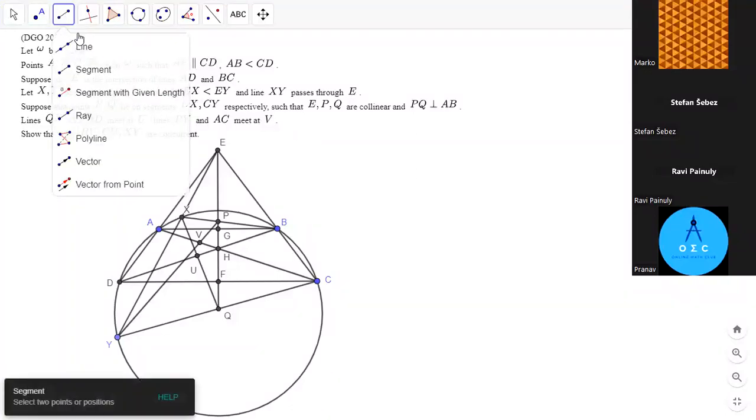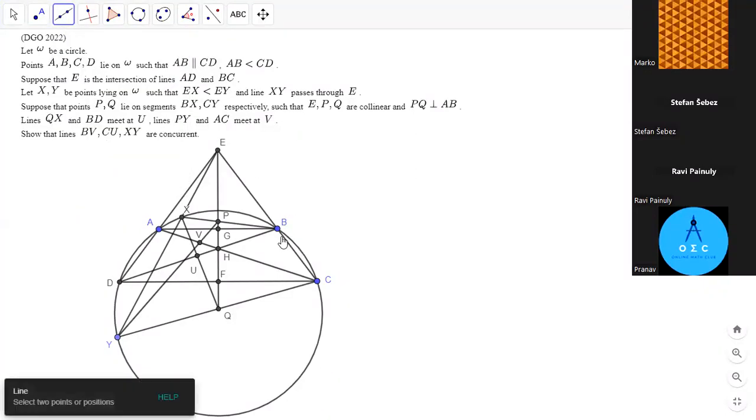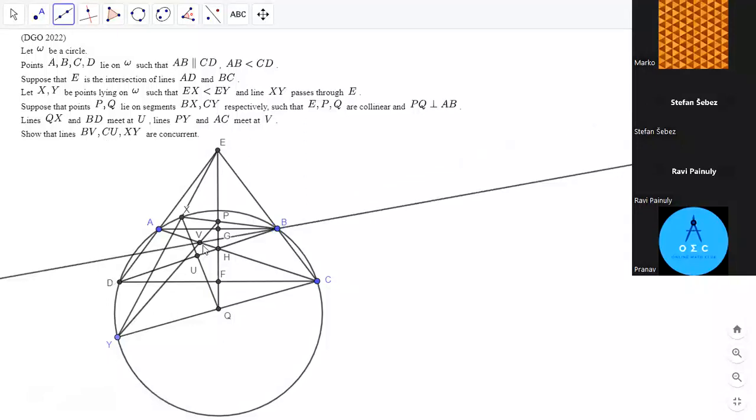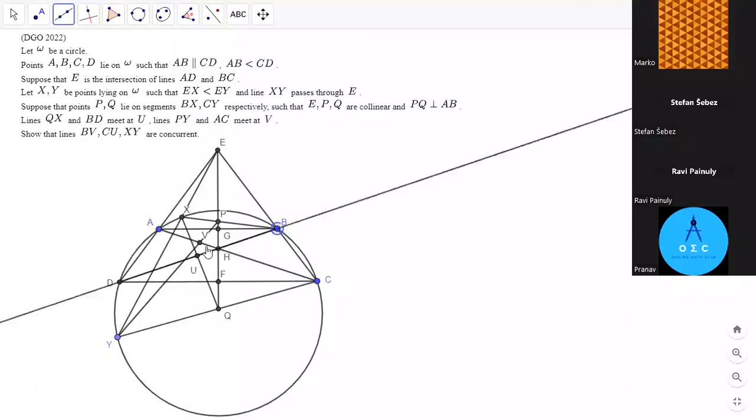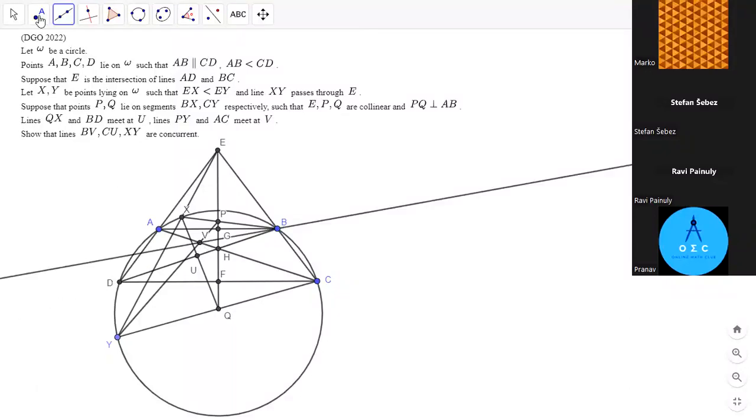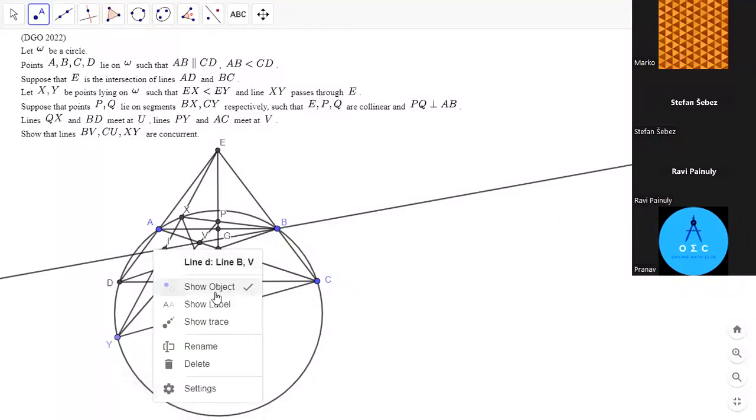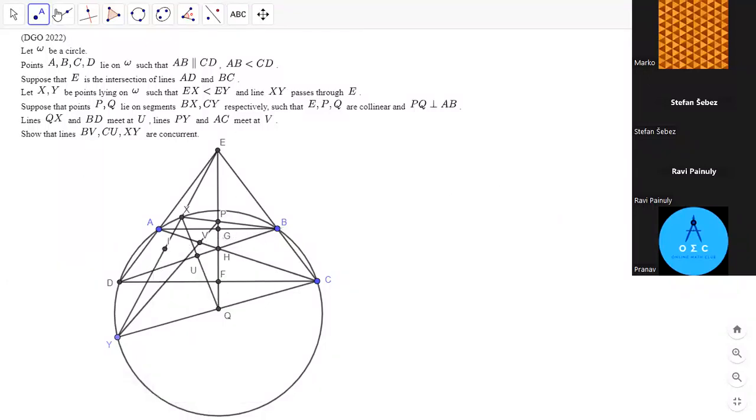Maybe one way to do it is to find the ratio in which BV cuts XY, and then show that it would be the same for CU. It's one way to do it. Let me try that. So BV meets it at a point I. Can we calculate XI over YI? Let's see.